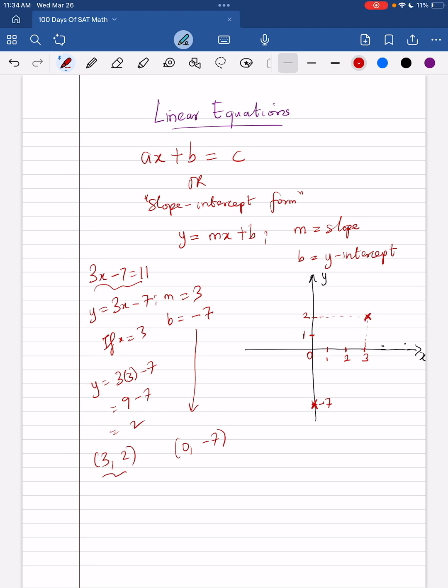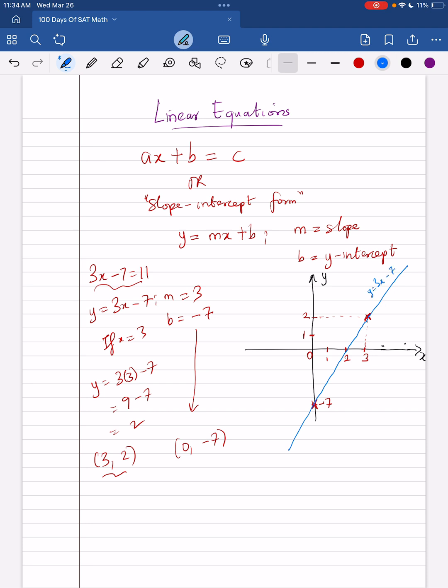Then we can join those 2 points together. If we join those 2 points together, this is the line. This is the equation y equals 3x minus 7.